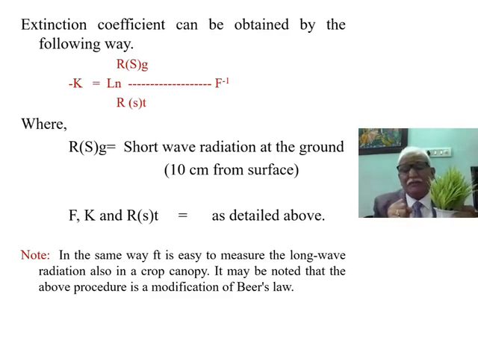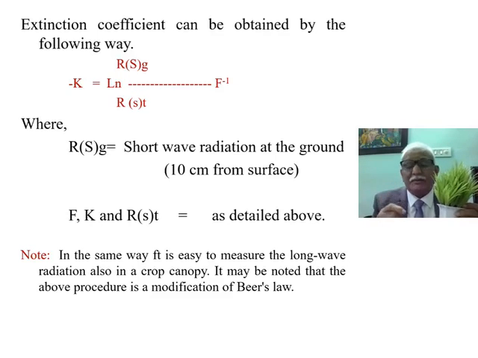This law, once again, I would like to press upon you: the relative radiation intensity decreases exponentially with increasing leaf area. That's why the layer technique is a simple equation. Of course, my colleagues in crop physiology may have taught you the same experiment from the micrometeorological point of view.